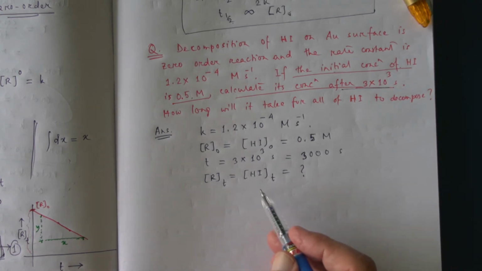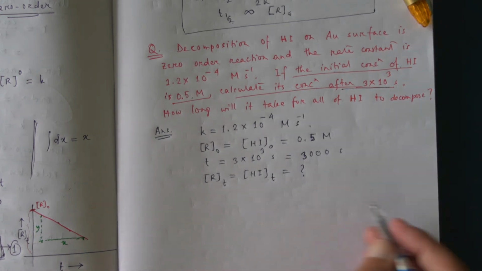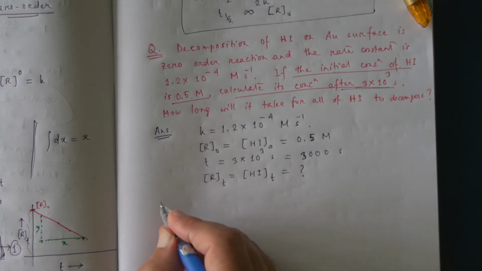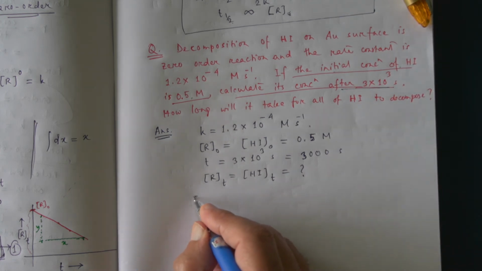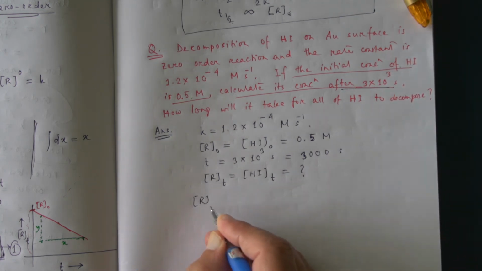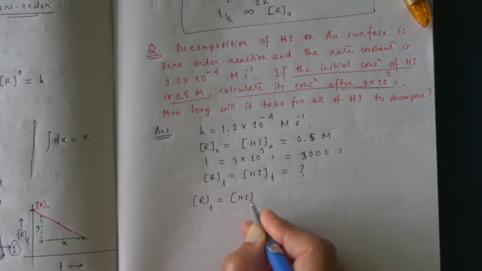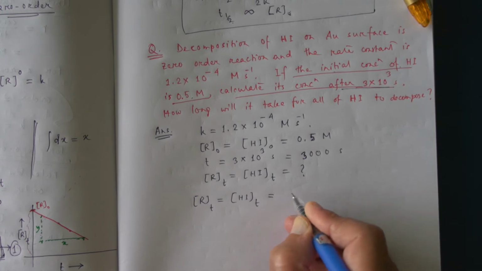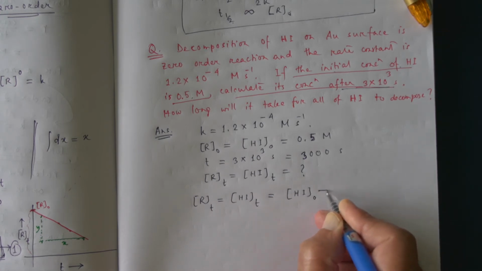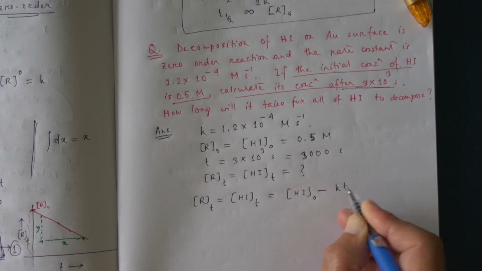So it is very simple. You use equation 1. Say R t equal to HI t equal to initial concentration minus K t.